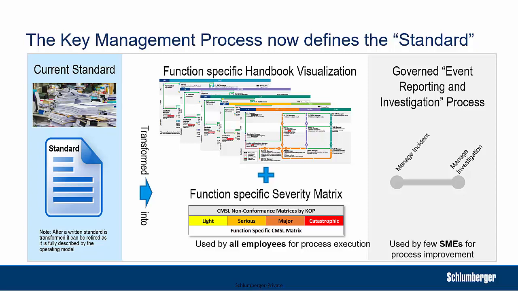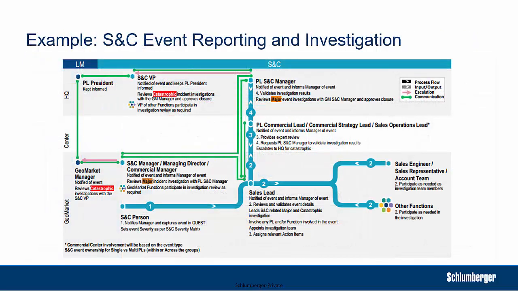Moving to the next section, we can see how the team members of each function, here as an example for sales and commercial, are supported with easy-to-follow visualizations in the handbook. This, along with the function-specific severity matrices, guides them in the process of event reporting and investigation.